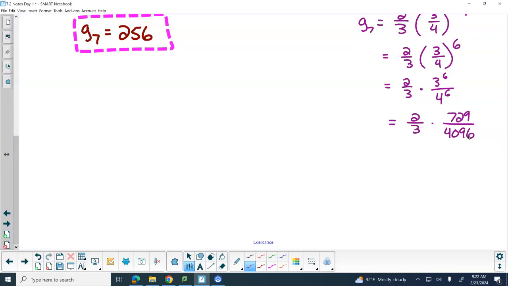Can I reduce those fractions before I multiply them? Well, is 4,096 even? Yeah, so it can be divided by 2. Is 729 a multiple of 3?